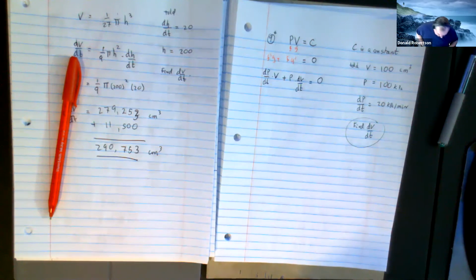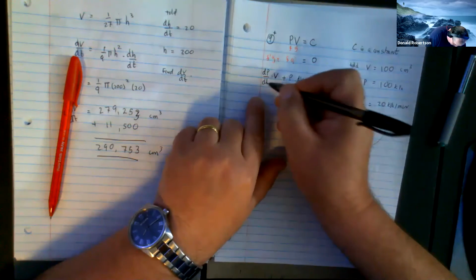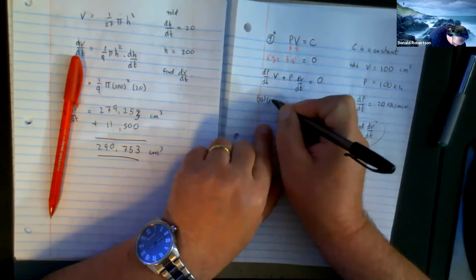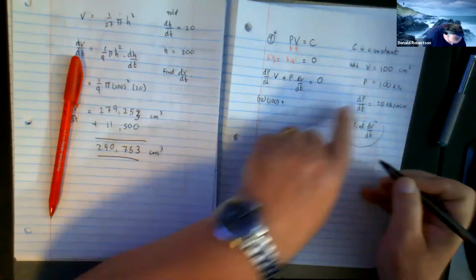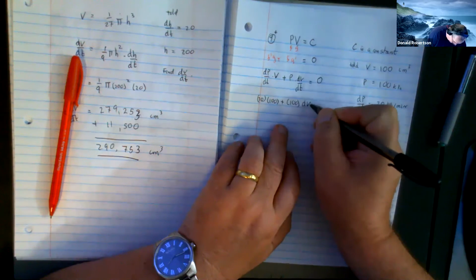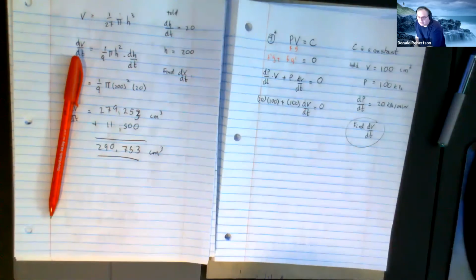And now we're going to do the plug and chug. I know that guy is 20. I know that this guy is 100. I know this guy is 100. And I don't know this guy, because that's the guy I'm trying to find. Now, this one's a lot cleaner than question 8. We agree this is a lot smoother. Now, where are we going?